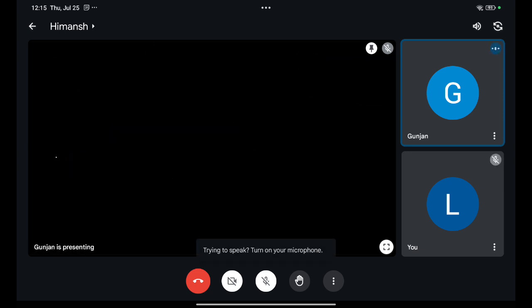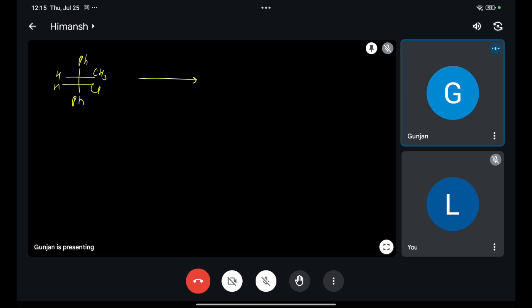Let us see, we are having Ph, CH3, Cl, Ph, H and H, with Et, O, Bt as the base. Which type of alkene will we get, cis alkene or trans alkene?